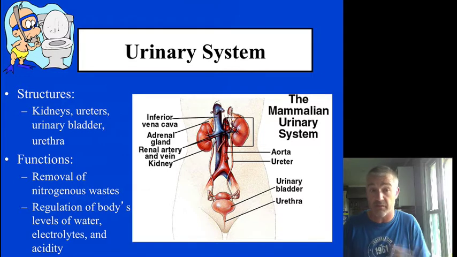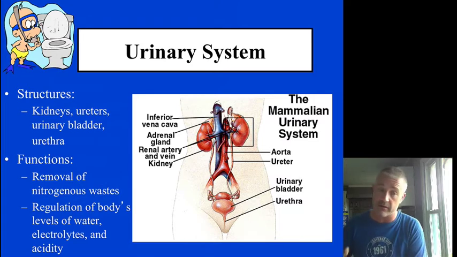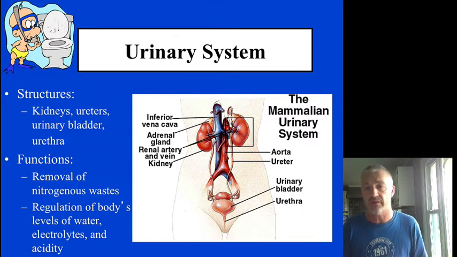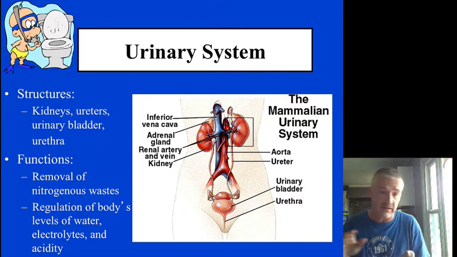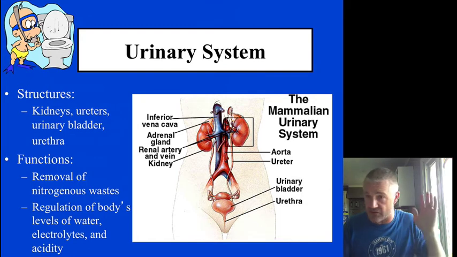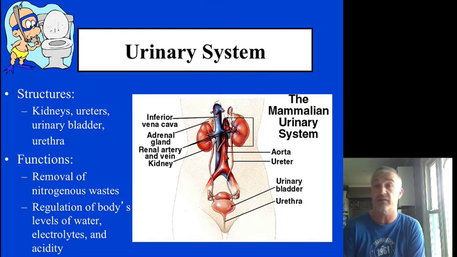Because we are filtering the blood with the urinary system, it is highly involved in a lot of regulation of things like water, electrolytes, blood pH, along with a lot of other nutrients within the bloodstream. So one of the major functions of the urinary system is regulating levels of things like sodium, potassium, and blood pH. It's the other big regulator of blood pH.